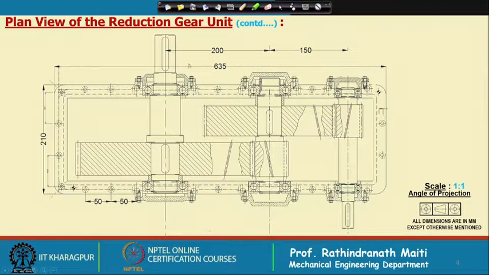Okay. And here, although I have mentioned earlier, but still I would like to mention that important is that you can see this dowel pin here. Here is the dowel pin, and the other corner also a dowel pin is there. Two dowel pins are put, so that we can put the top cover properly. And if you look into the bolting arrangement, then we will find there are many bolts.